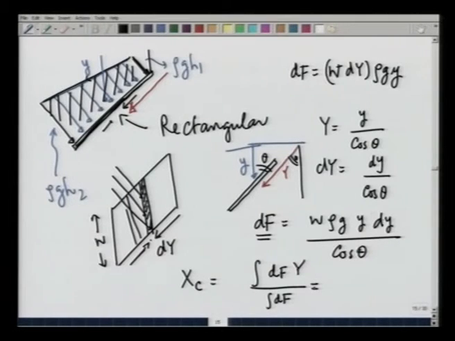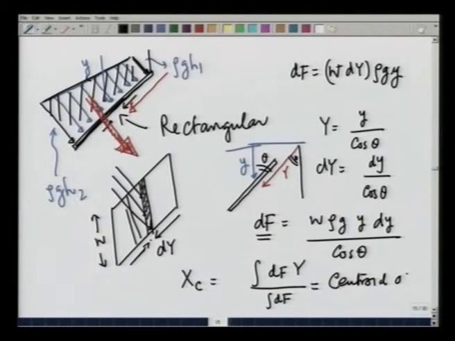So, this force acts at a point at a distance from here, which is the centroid of this load, which is the centroid of this trapezoid. This we have already calculated.